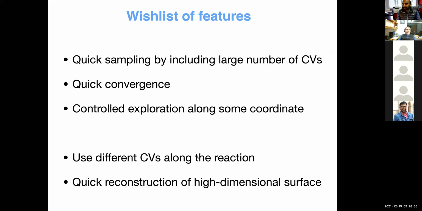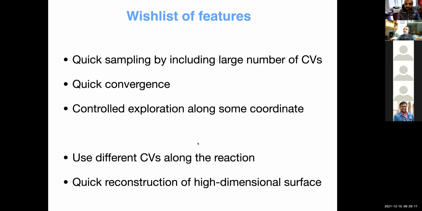So a wish list of features that I want in my enhanced sampling technique is something like this. Quick sampling is needed. I need a large number of collective variables. I need very quick convergence of free energy. I need controlled exploration in many problems, like diffusion through membranes, drug binding and unbinding, protein folding, and so on.